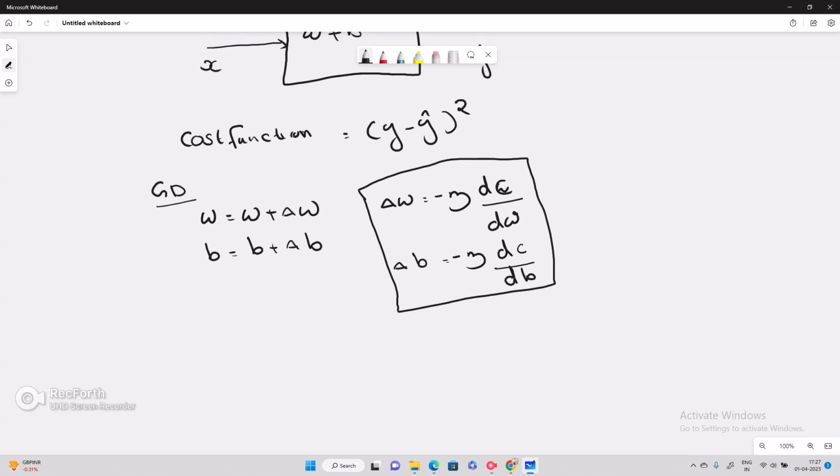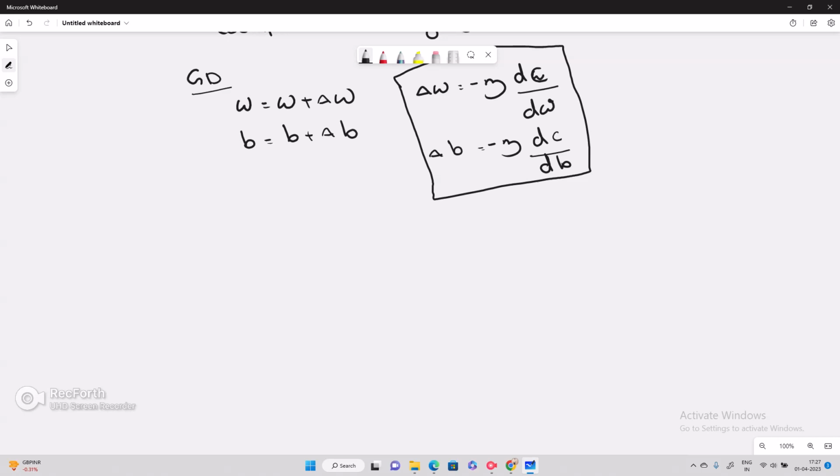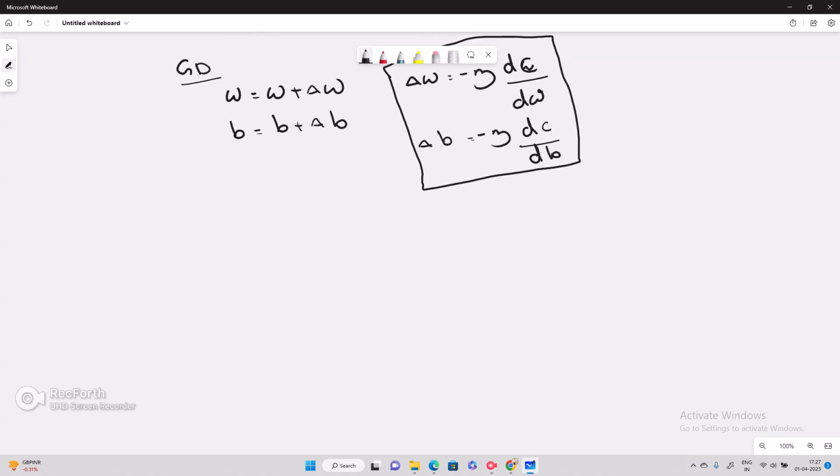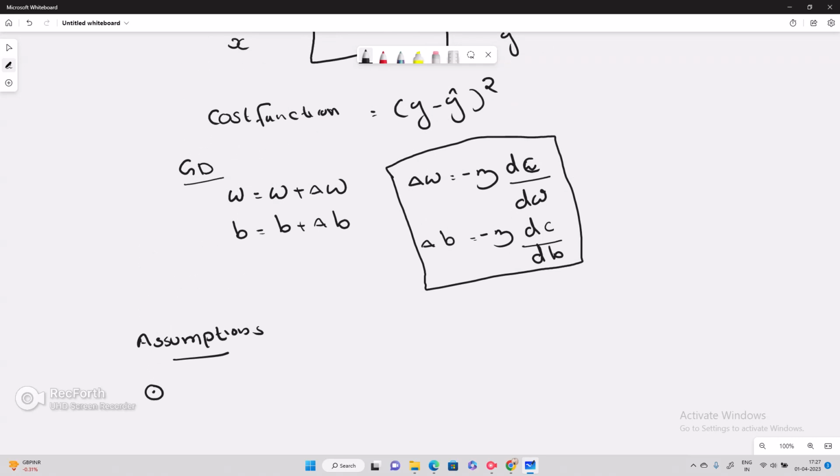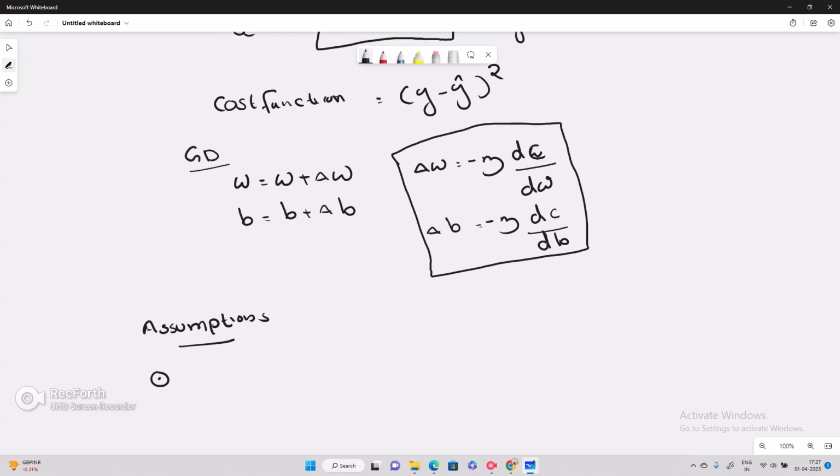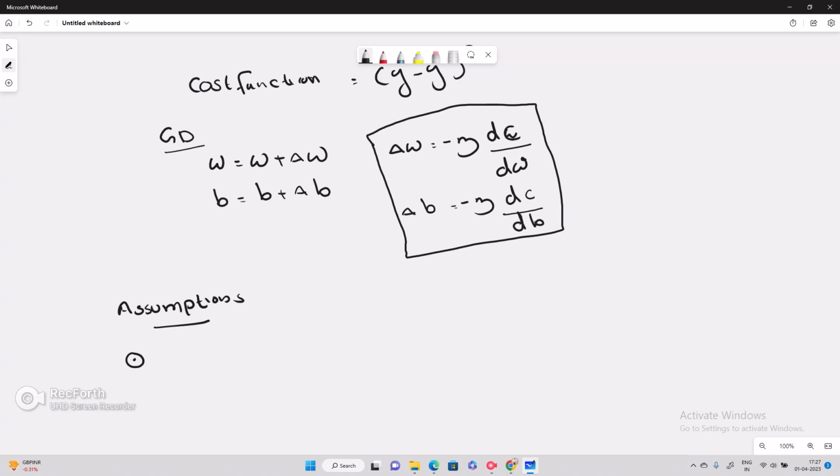Now we can take some assumptions. Before that, we know that y cap is phi of W x plus B, right?